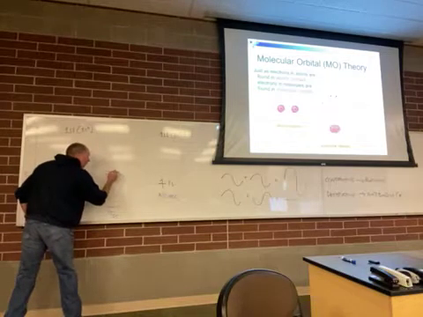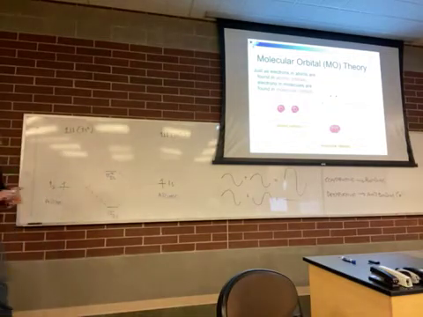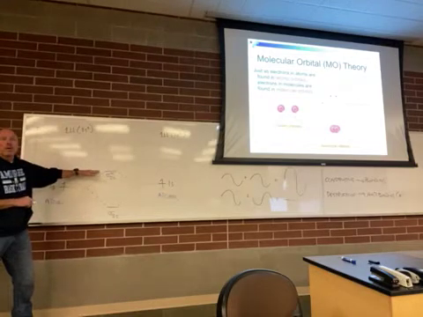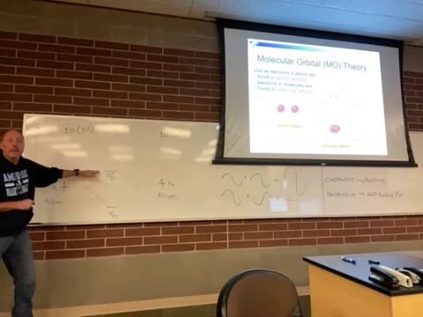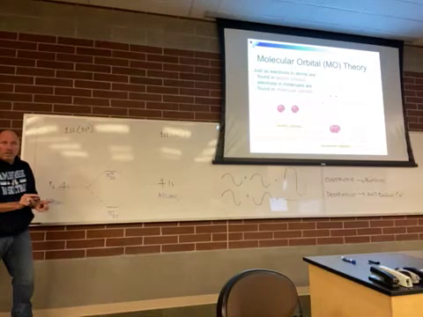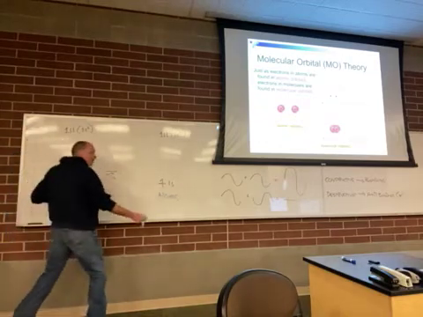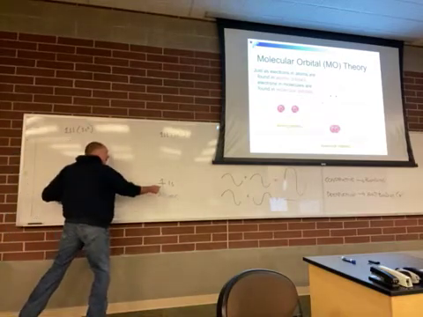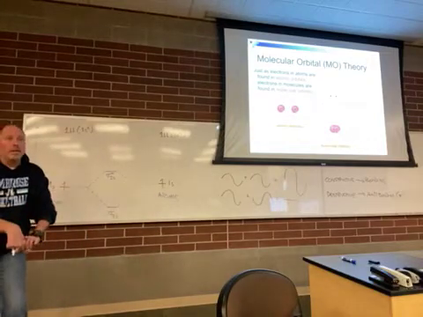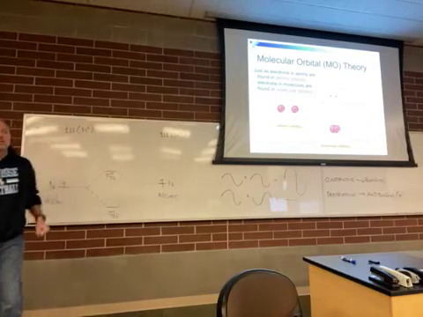Okay, so that's a bonding and an anti-bonding probability of those 2 electrons coming together. Are we tracking? A 1s atomic orbital, a 1s atomic orbital, when they come together, they can either go to a bonding or an anti-bonding mode.